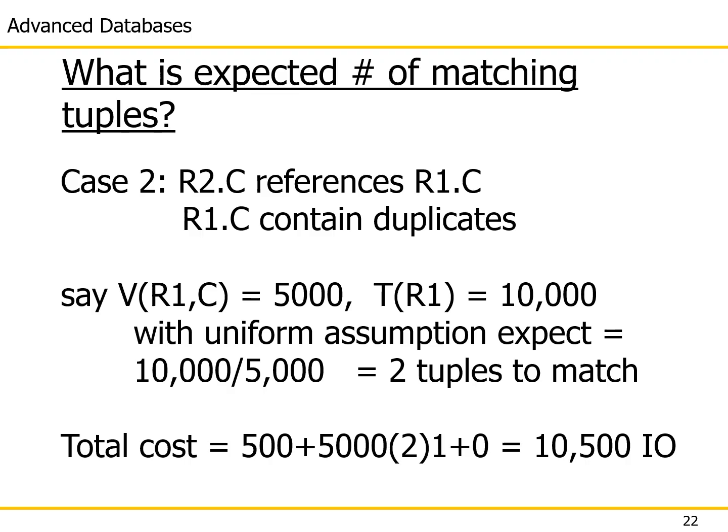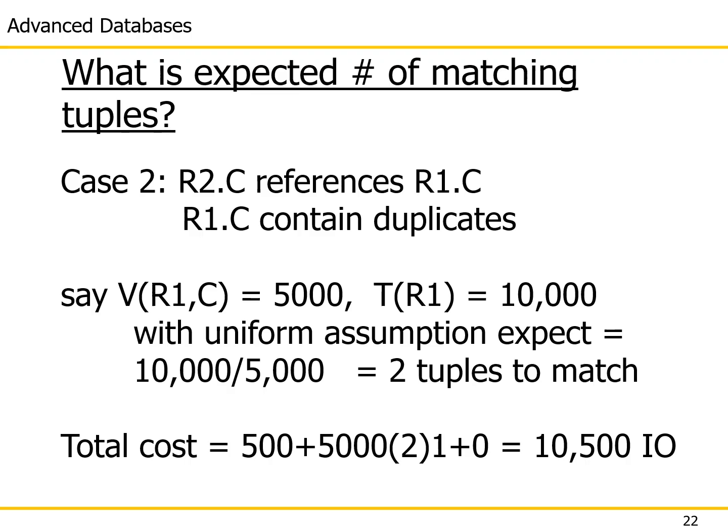If the number of unique values in R1.C is 5,000, and R1 has 10,000 rows, then with the uniform distribution assumption, I expect that every time I go to the index and ask for a match, I'm going to get back 2 matches. Then I will have to read the 2 pages that have these 2 matches to include them in the result set.